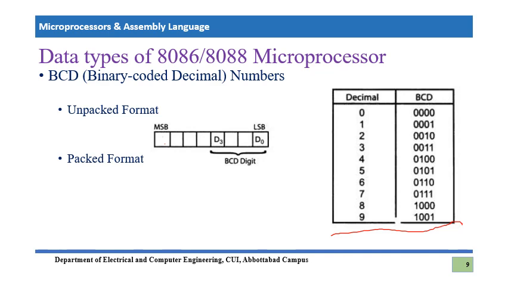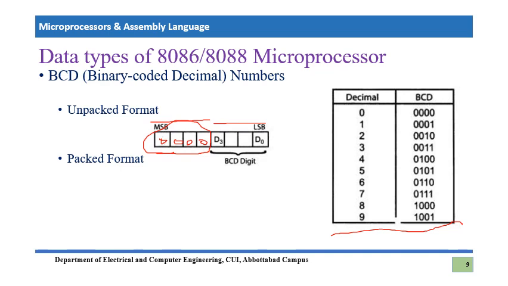And what does it mean? In unpacked format, only these 4 bits were used and these 4 bits were not used, meaning we put 0 in each of them. But that is not the case in packed format, where we use these 4 bits as well.